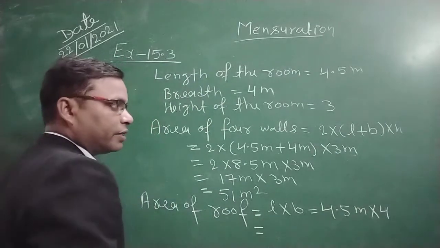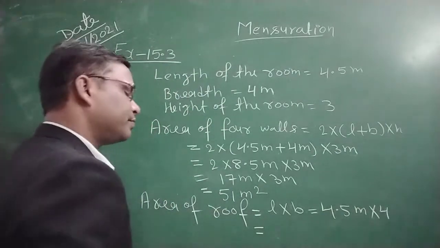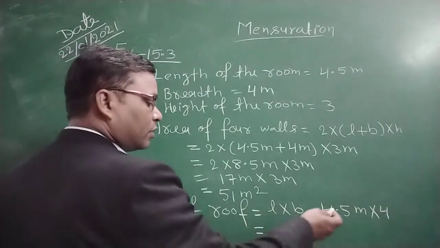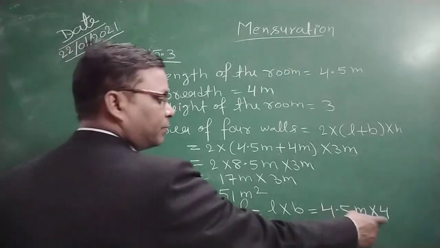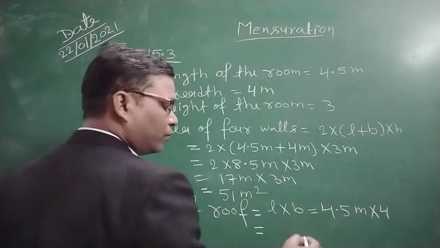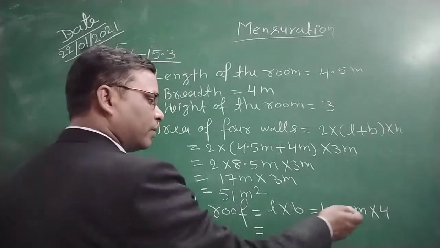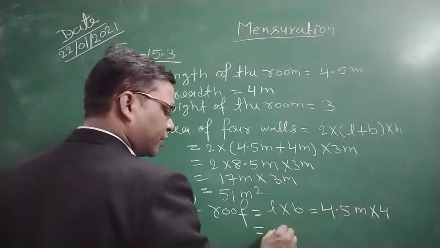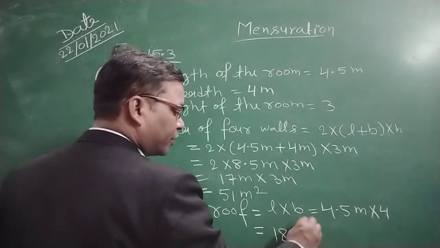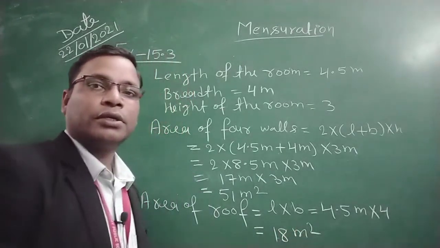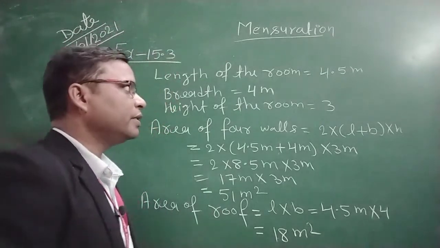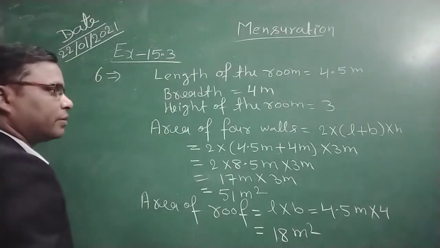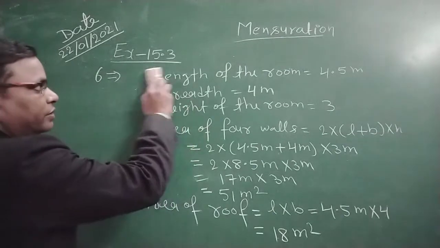This is equal to, 4 fives are 20, carry 2, and 4 fours are 16, plus 2 is 18 meter square. Okay, 18 meter square.